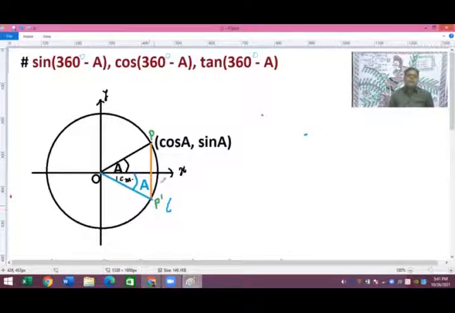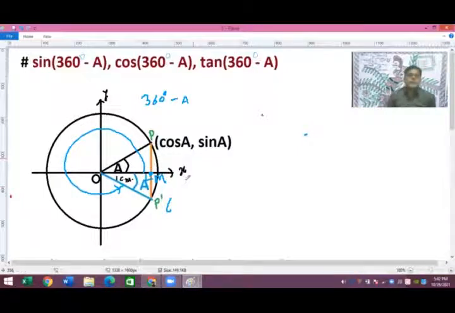The whole circle is 360 degrees, but we are taking from here up till here as 360 degrees minus a. If you like, you can write over here M, because they have the common foot of the perpendiculars, because these two angles are equal.